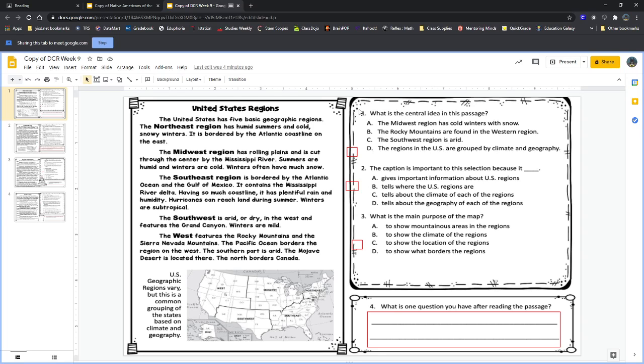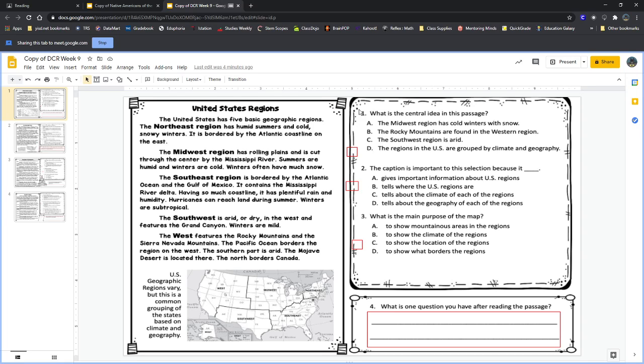For question number 1, what is the central idea in this passage? Have A, the Midwest region has cold winters with snow. B, the Rocky Mountains are found in the western region. C, the Southwest region is arid. Or D, the regions in the United States are grouped by climate and geography.